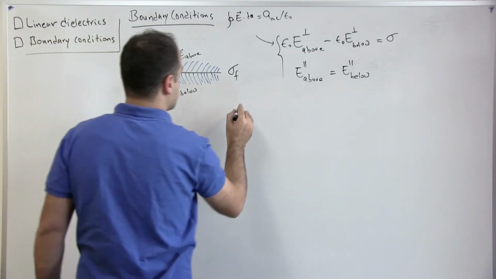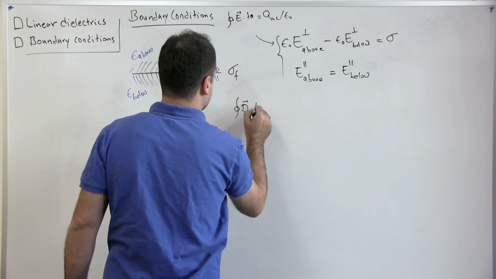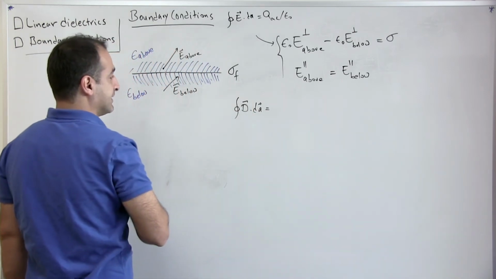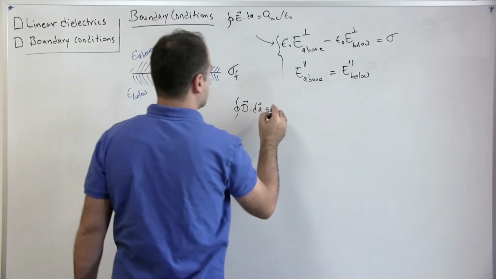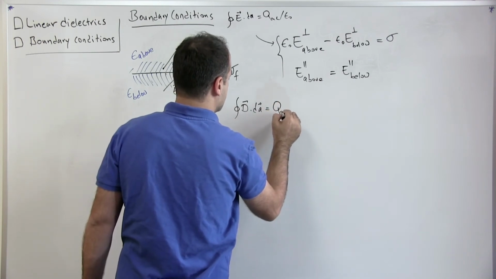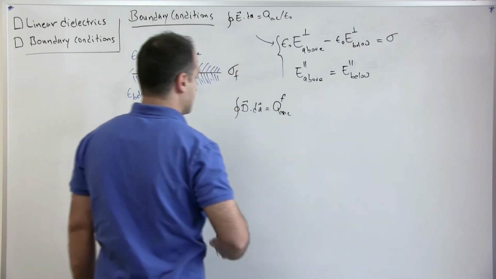Now with dielectric material, I want to repeat the same thing and focus on the electric displacement. Here, D dot dA equals the enclosed free charge.